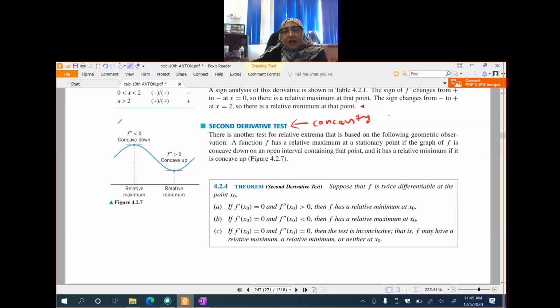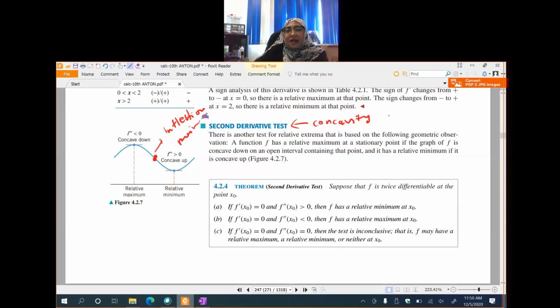If this is concave down and this one is concave up, there must be one point in between these two, the relative maximum and relative minimum, which will be the separator between concave down and concave up. This point is called the inflection point.